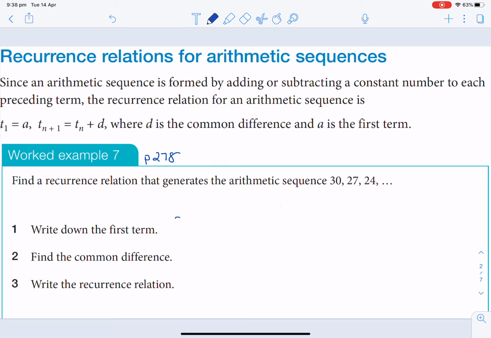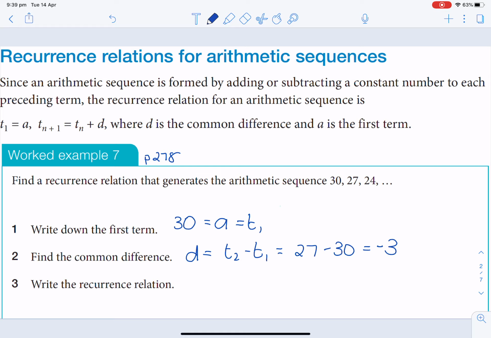As we can see, our first number is 30, so that is my A or my T1 value. To find my common difference D, I use the formula T2 minus T1 equals 27 take away 30, giving me negative 3.